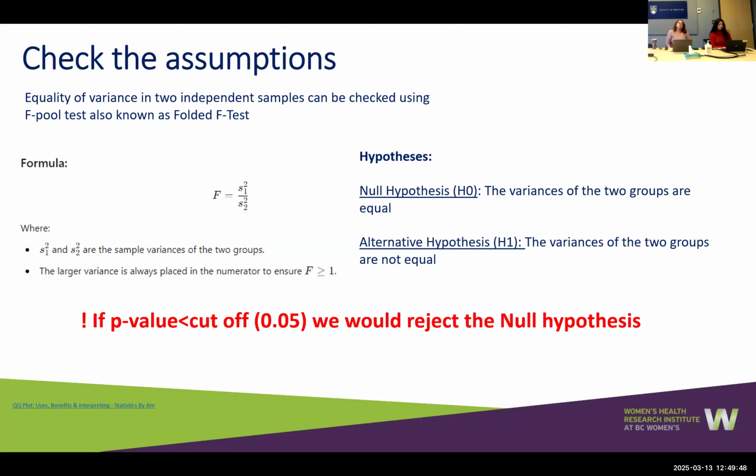You can look at it graphically and see how the variance looks. Basically, you can do a scatter plot of the dots in both groups and see how far away the dots are from an imaginary line, and you can say, oh, it looks like the variance is equal or not.